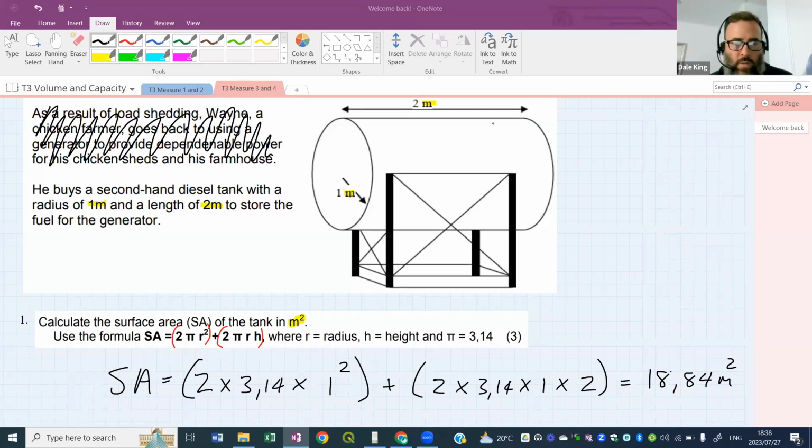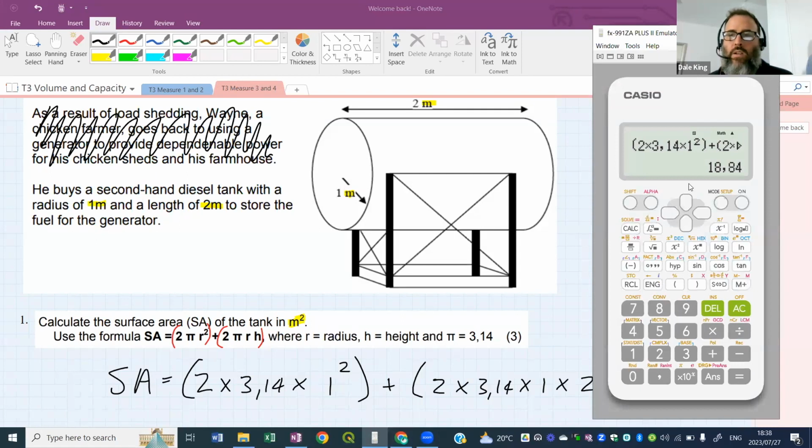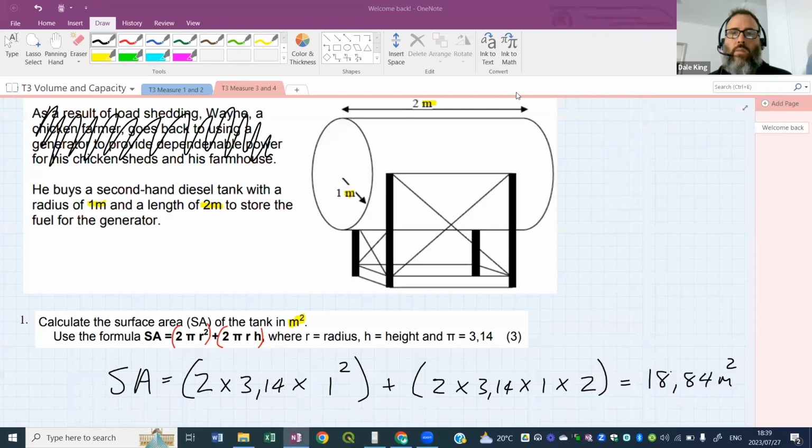I've substituted all the values in. You should have that on your calculator. I'll go through it. 2 times 3.14 times 1 squared. Second part is 2 times 3.14 times 1 times 2. That should give you 18.84.